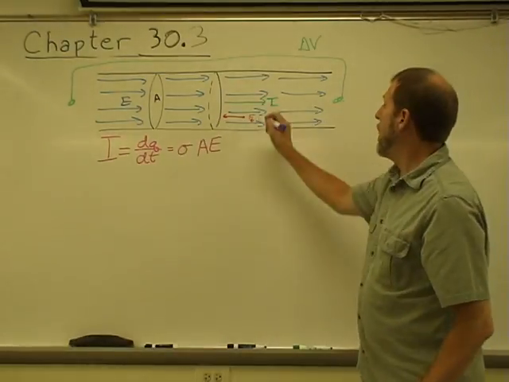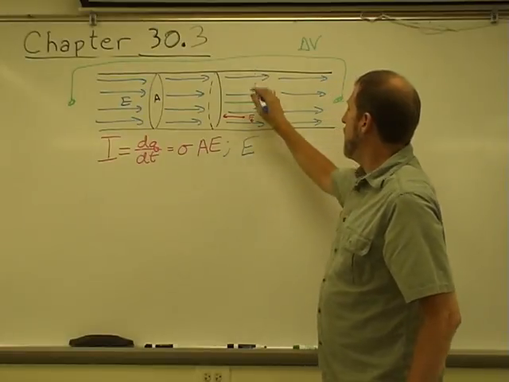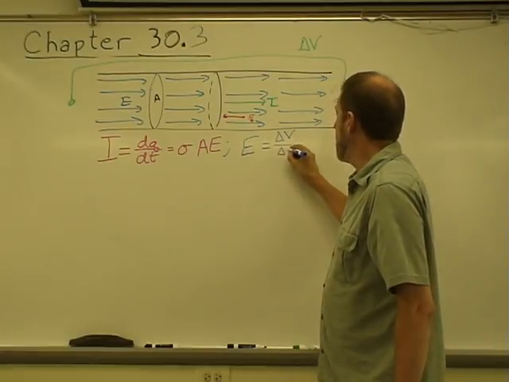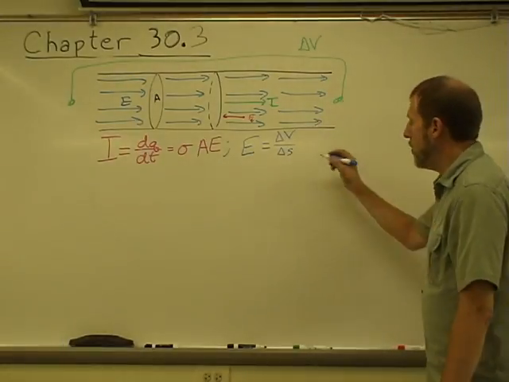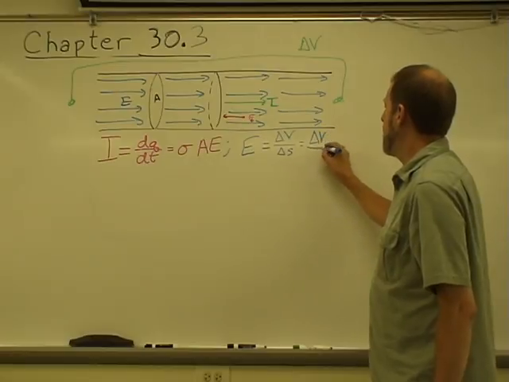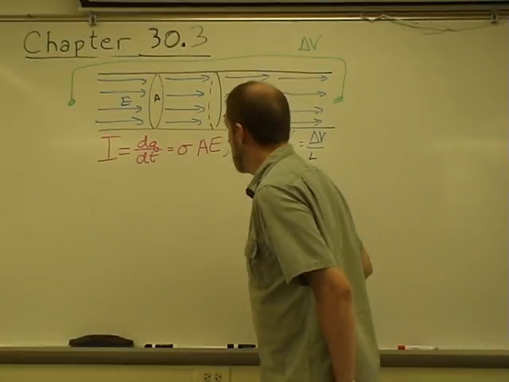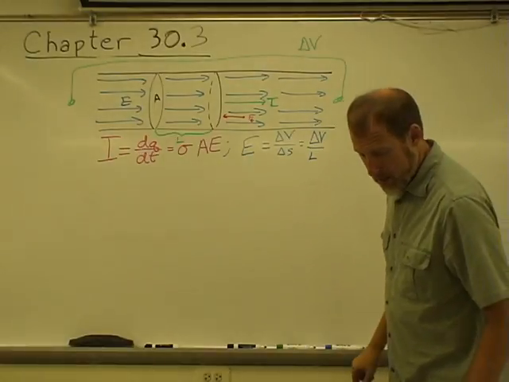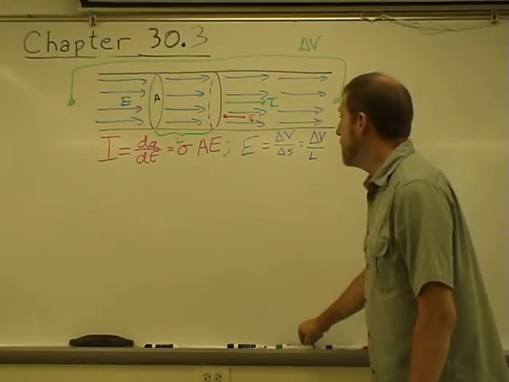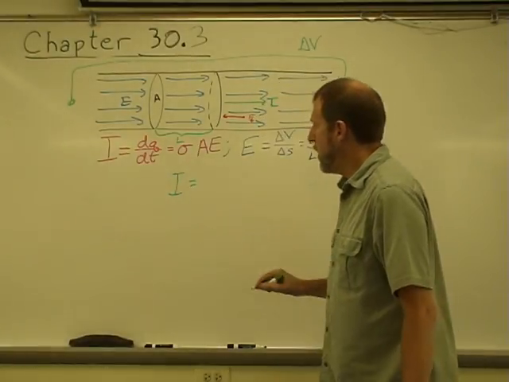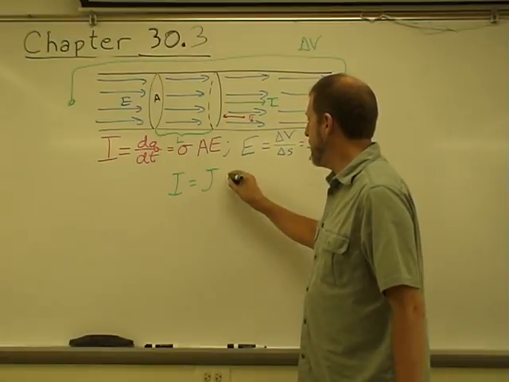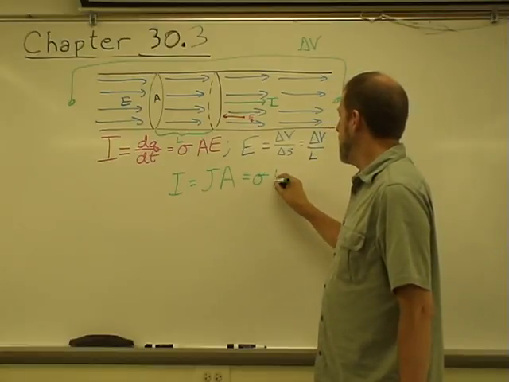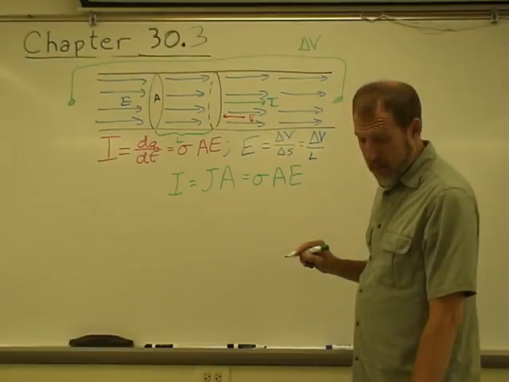Okay, the electric field in this region, if the electric field is constant, is equal to the change in the electric potential over some length L, so E equals delta V over L. I can then say that the current is equal to the current density times the cross-sectional area, or as I have it right here, the conductivity times the cross-sectional area times the electric field.